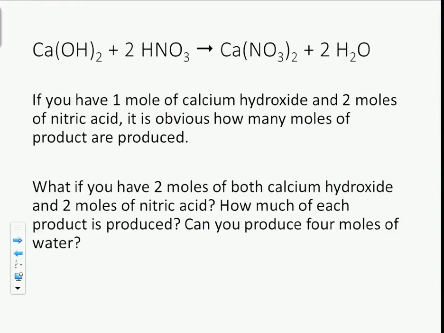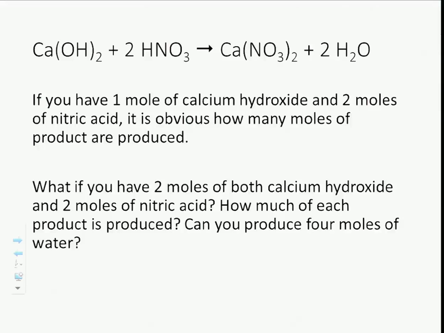But let's say I ask you if you have 2 moles of calcium hydroxide and 2 moles of nitric acid. Now how much are you going to produce? Are you going to produce 2 moles of water or 4 moles of water? Are you going to produce 2 moles of calcium nitrate, 1 mole of calcium nitrate? How many are you going to produce?